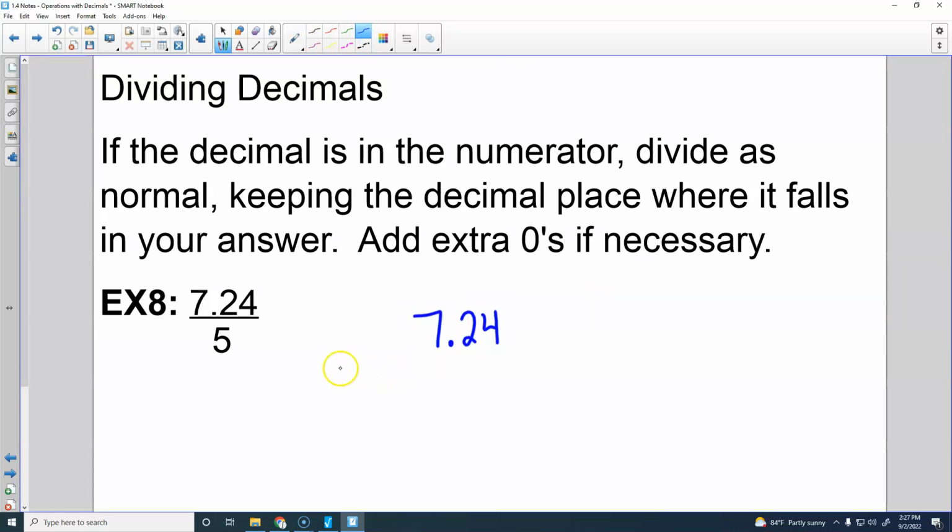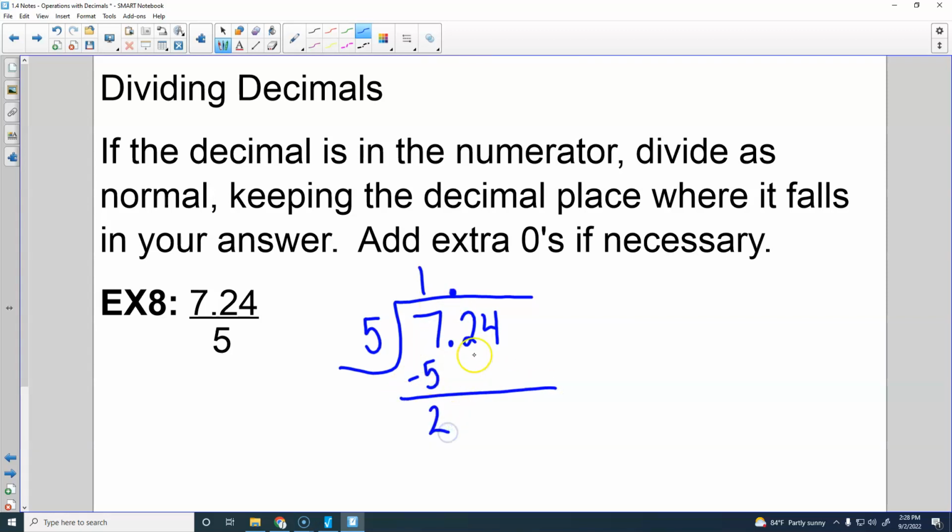7.24 if we're dividing this by 5. We are just going to divide like we normally would. We're going to have that decimal place right there that stays in that spot. So, how many times does 5 go into 7? 1. 1 times 5 is 5. Subtract.